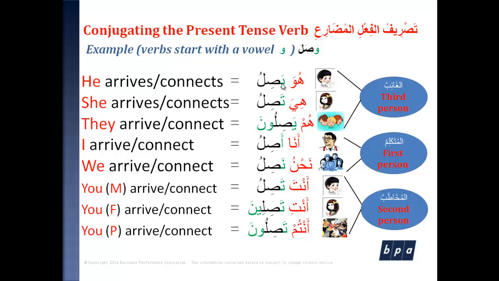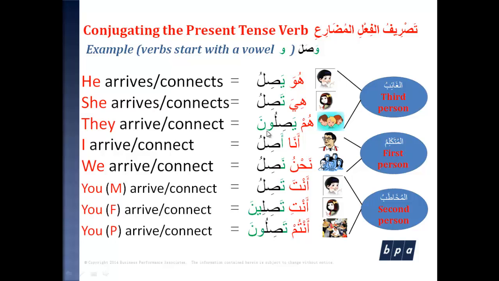So the waw disappears. So when we conjugate the verb wasala to the present tense, the waw disappears and the prefixes start appearing here.